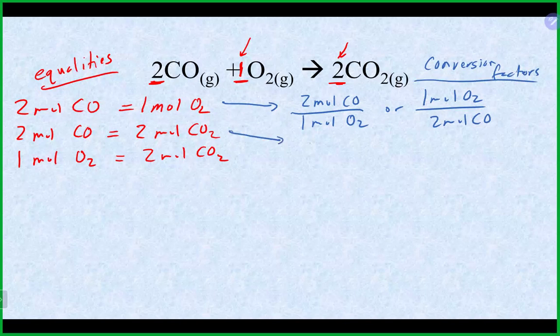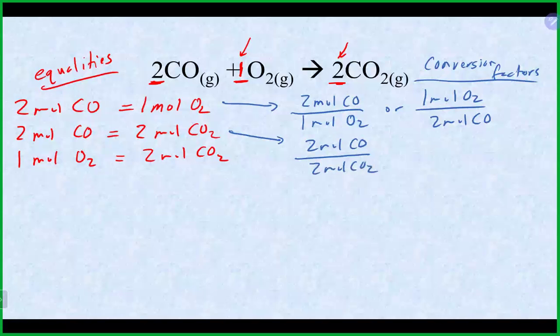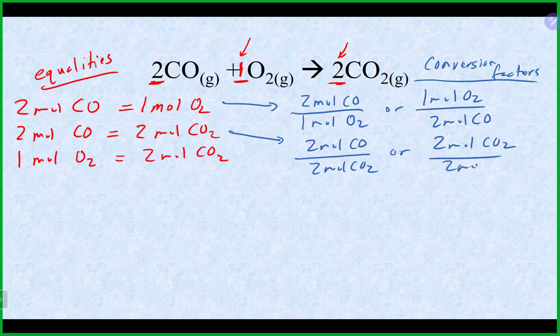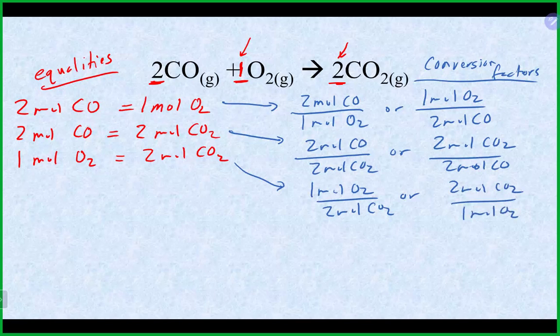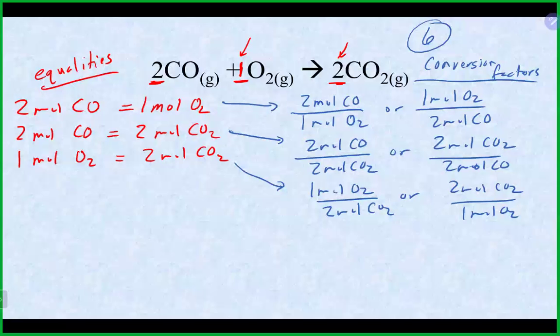From this one, we could write 2 moles of CO over 2 moles of CO2, or we could flip it around, 2 moles of CO2 over 2 moles of CO. Lastly, for this one we can write 1 mole of O2 over 2 moles of CO2 or 2 moles of CO2 over 1 mole of O2. From this one balanced equation, we got a total of 6 conversion factors that we could use. Will we use all 6 of them? Absolutely not. If you're using all 6 of them, you're doing something really wrong.